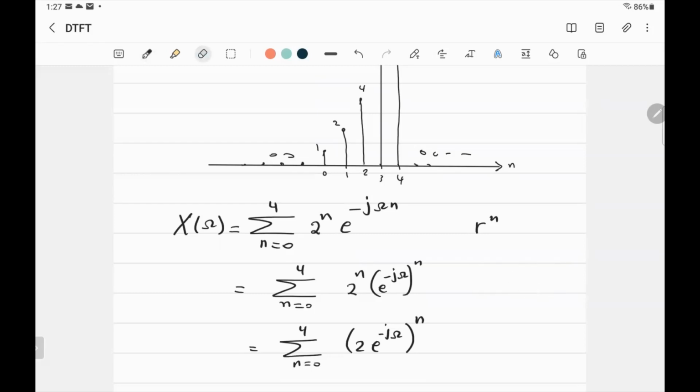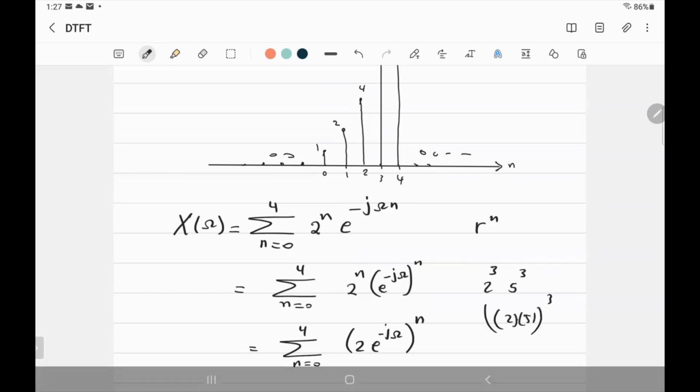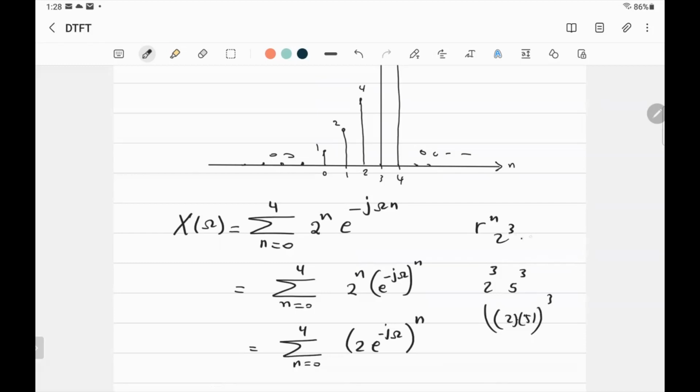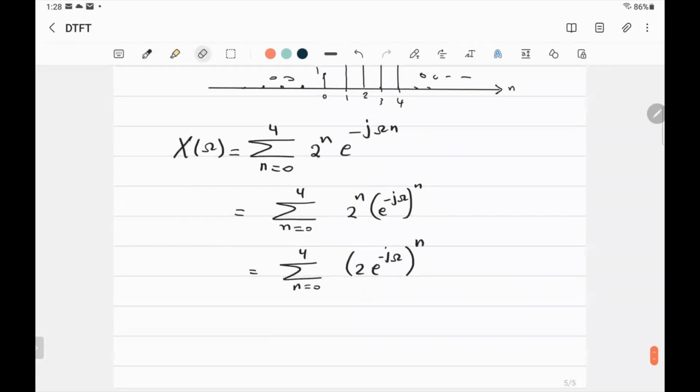If you have 2 power 3 and 5 power 3, both have the same power, so we say 2 times 5, the whole power 3. But if you have 2 power 3 times 2 power 5, that's different. If you have the same base, you say 2 to the power 3 plus 5. All right, thank you.